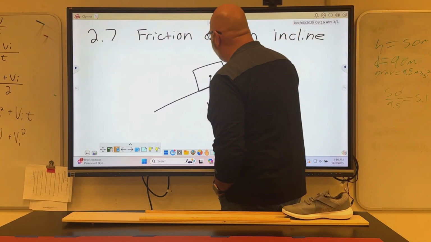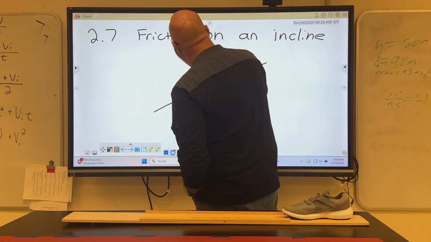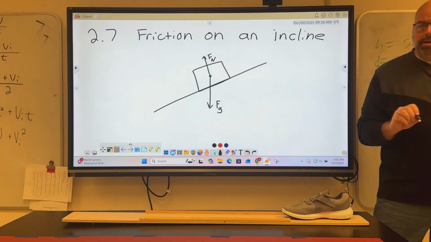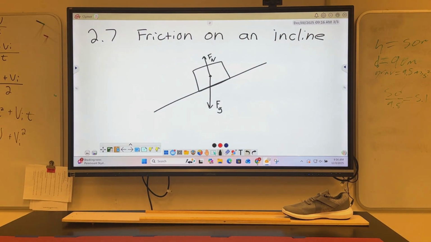But in this case, by definition, that push up is not opposite the force of gravity, like it has been in every other problem we've done. Every book we pushed across the table, every shoe we drug across the floor, or the sandpaper, or whatever. This now is a little bit different because we have a ramp. So in this case, our normal force is perpendicular to that ramp.